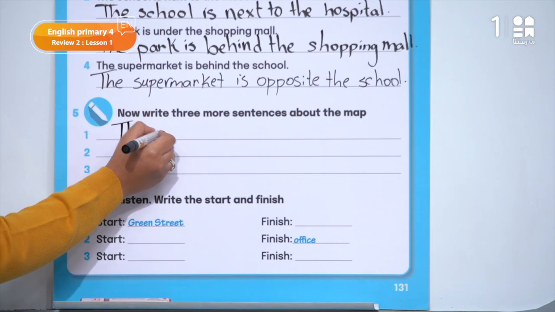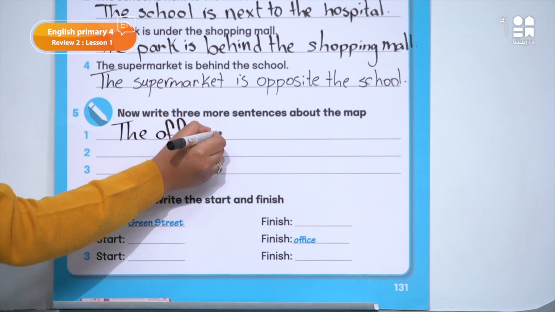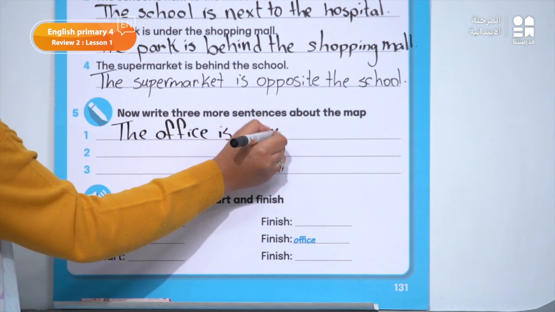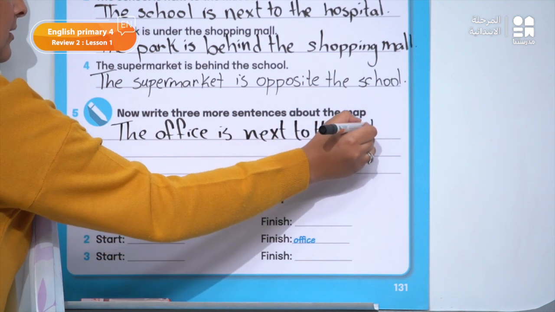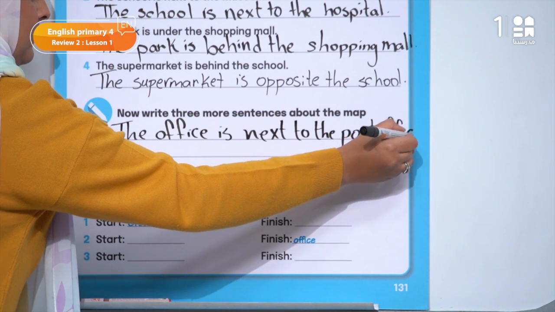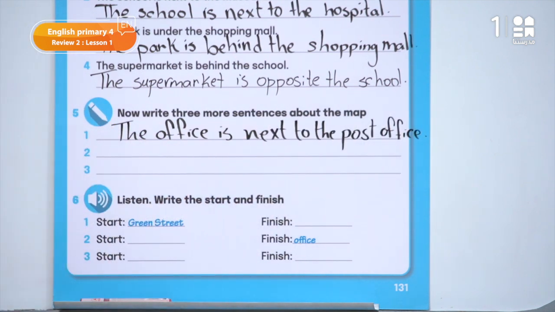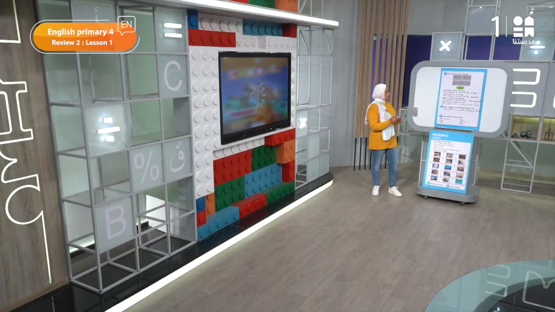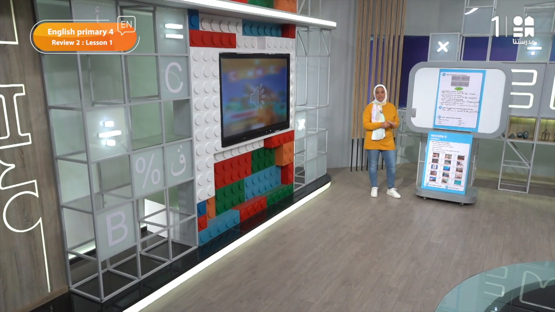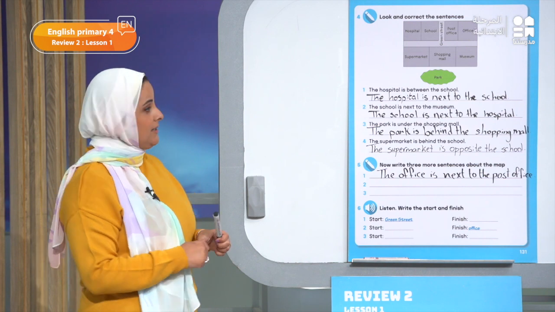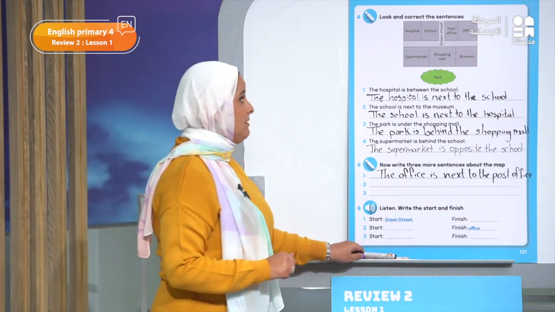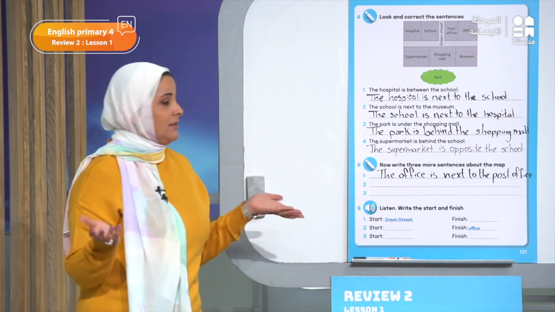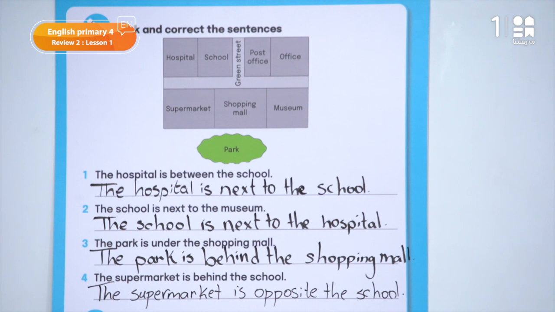The office is next to the post office. Okay, number 2, you can say, for example, the shopping mall is between the museum and the supermarket. Very good. Number 3, you can say, the shopping mall is opposite to the school or opposite the school.